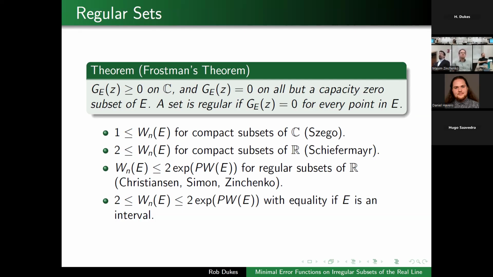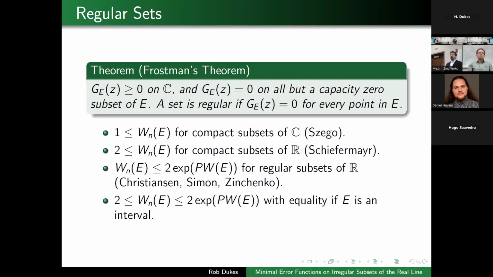Well, we get an upper bound, which is 2 times the exponential of this Perot-Whittam constant that we just described. And then you could combine the second and third bullet point there and see that the Widom factors are nestled between 2 and 2 times that exponential, because the Perot-Whittam constant is always non-negative. If it were an interval, the Perot-Whittam constant is 0, and so it would just be equal to 2.